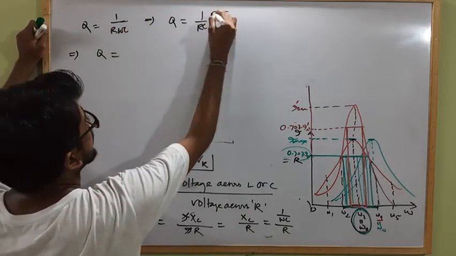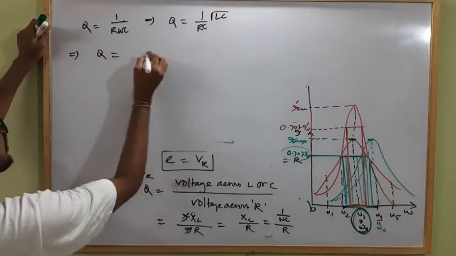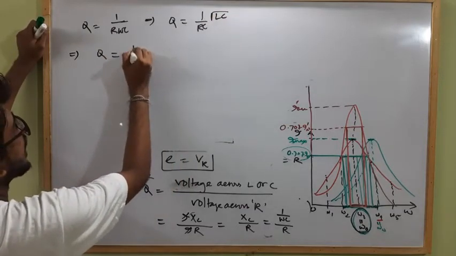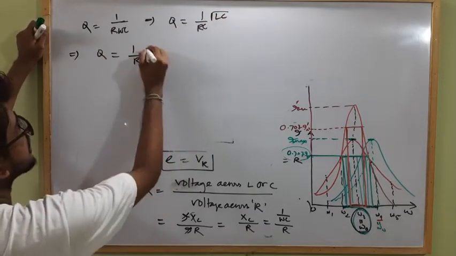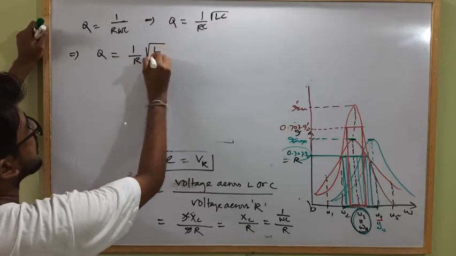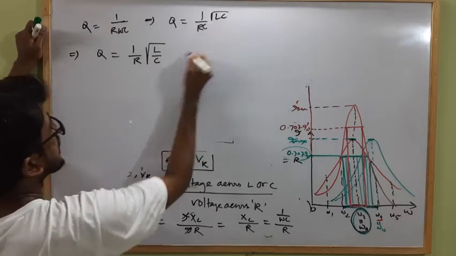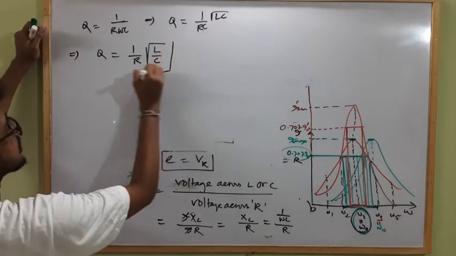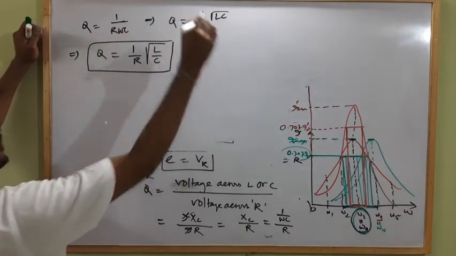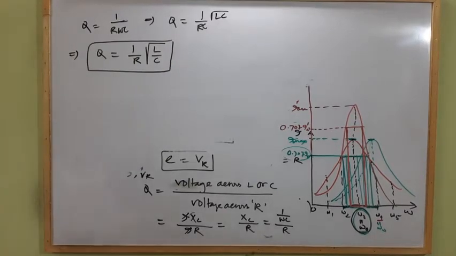So the Q factor will be equal to 1 by R into root over of L by C, because the root C and root C will get cancelled. This is known as the quality factor of a given LCR circuit.